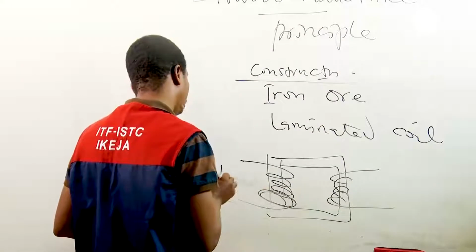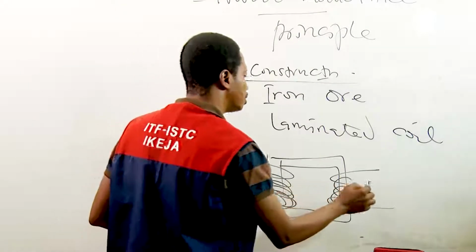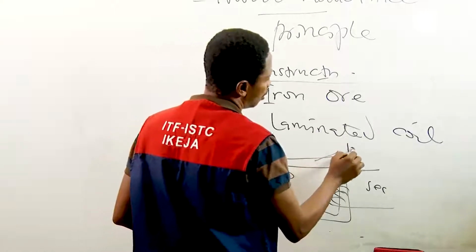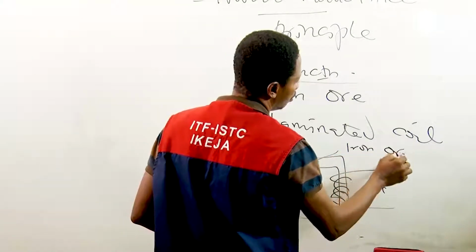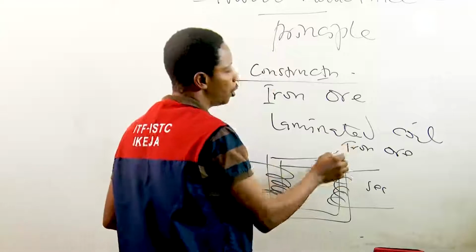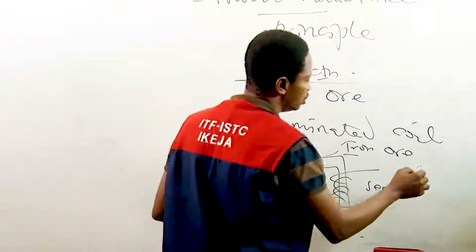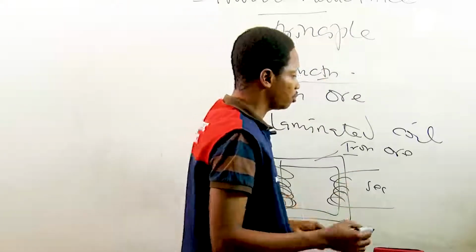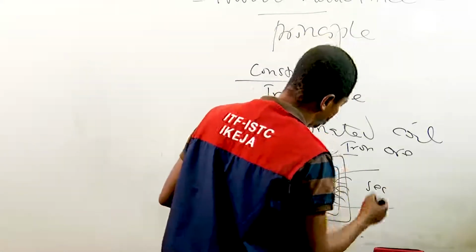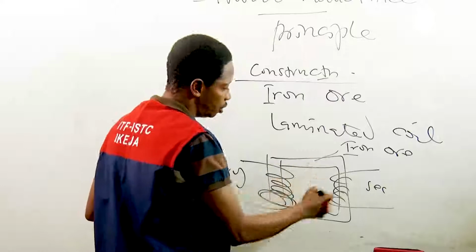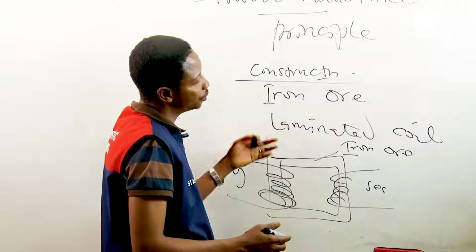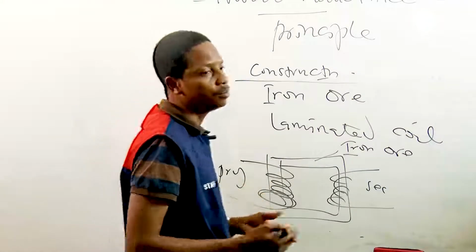This is the primary, this is the secondary, and this is the iron core. The purpose is to reduce its loss. Sometimes we call it loss due to what? Induction of current flow.